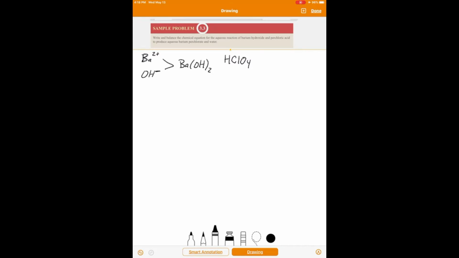Now, what does it tell us that it forms? It tells us that it forms barium perchlorate. Now, in order to figure out what the perchlorate ion is, acids can be thought of as an H+ combined with an anion.